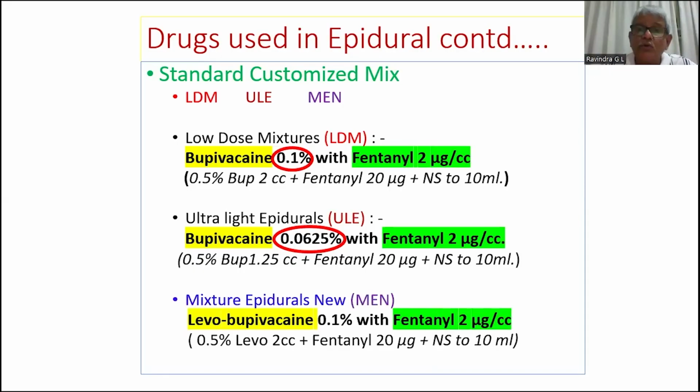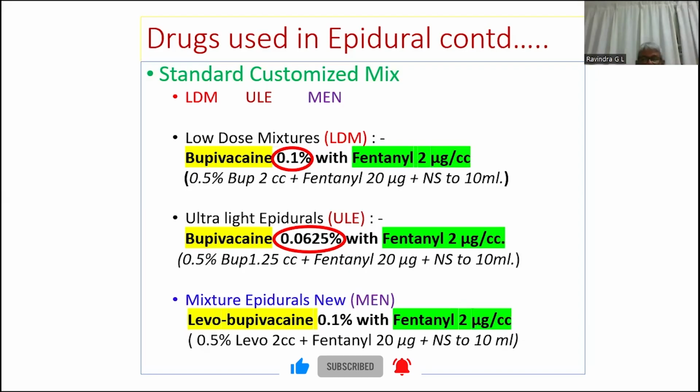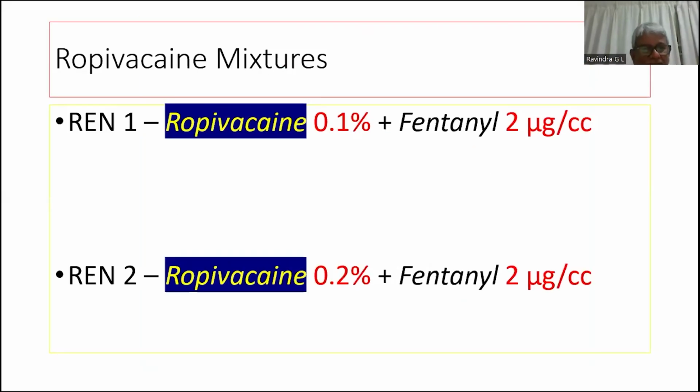MEN is a term I coined. MEN is mixture epidurals new. That is because levobupivacaine came later on, and I started using it. I called it MEN: levobupivacaine 0.1% with fentanyl 2 mcg per cc. Then came ropivacaine. Ropivacaine REN1 and REN2, ropivacaine epidural new.